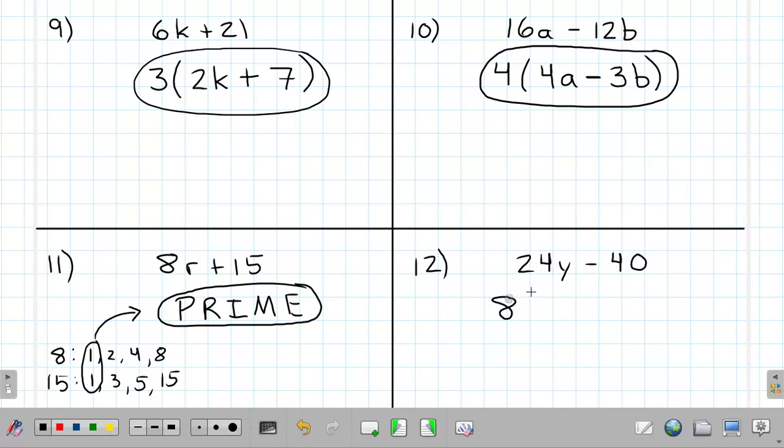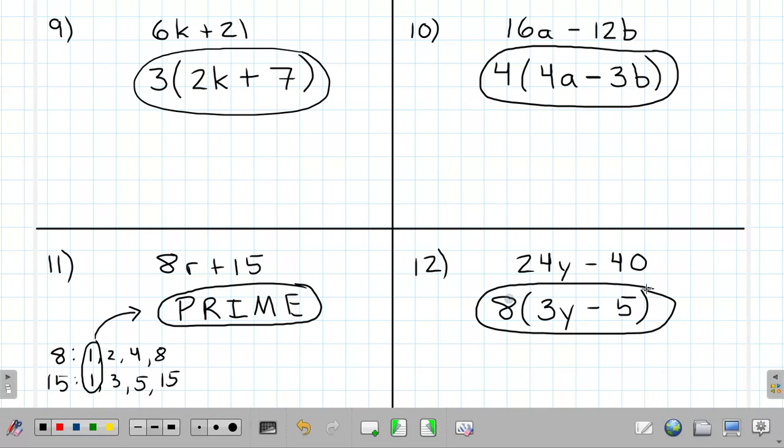So actually, 8 is our greatest common factor, meaning we take 8 out, so 24 divided by 8 gives us 3. We have the y minus 40 divided by 8 is 5. And then now, hopefully, you can clearly see, well, 3 and 5, the only factor that they share is 1, so that's actually as factored as we can get it.